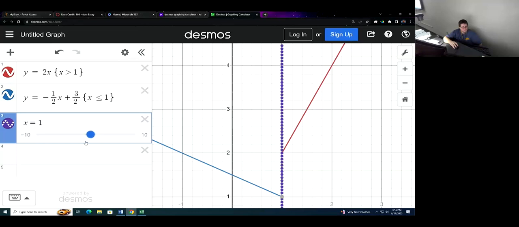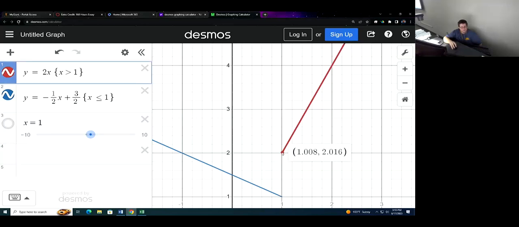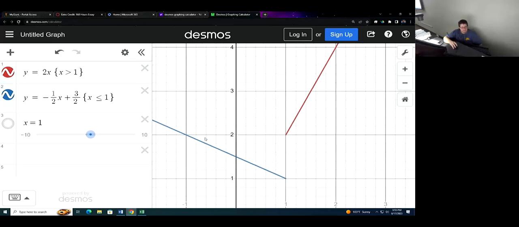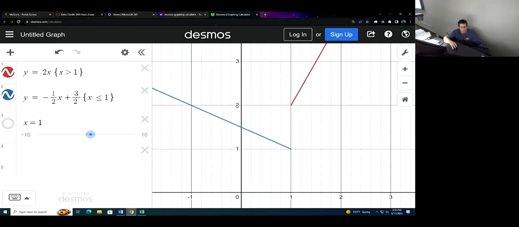That's only showing up because I have this line right here. I'm going to turn that off. If I go down to 1, it's going to say undefined because I have x is greater than 1 and not x is greater than or equal to 1. And if I come from the left, visually I'm looking at the y values. Right here is y equals 2. Right here is y equals 1.